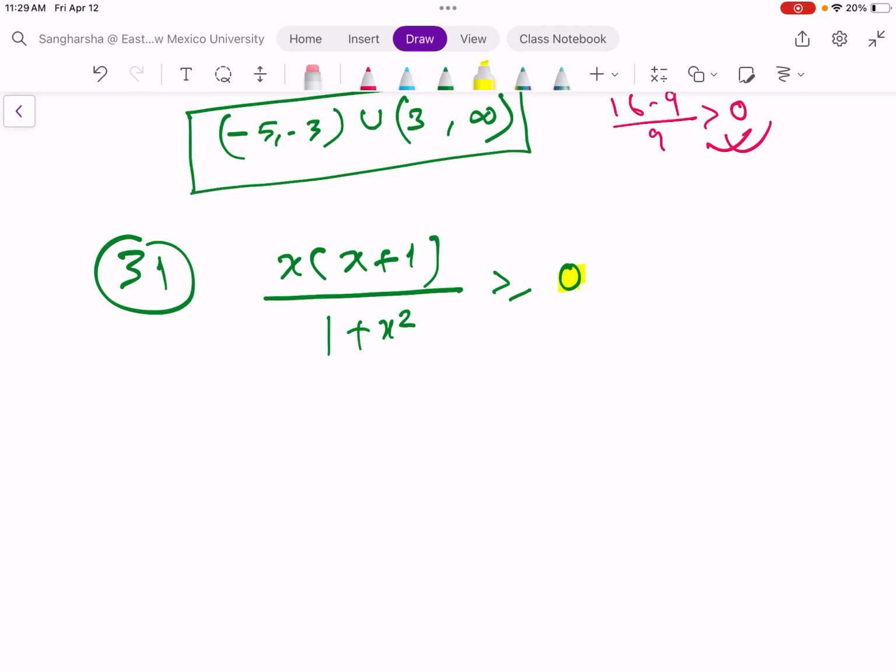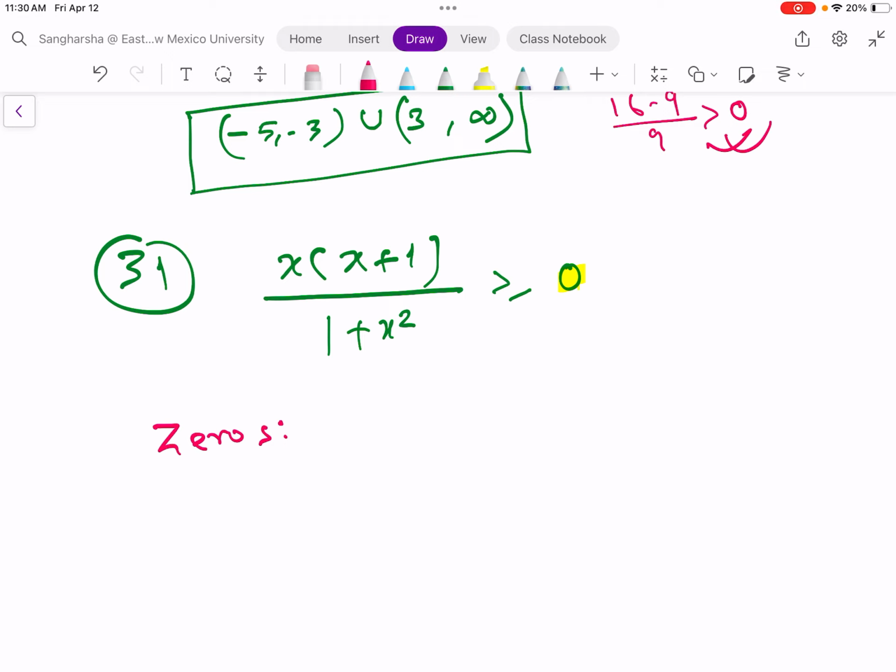Or is there any way we could factorize the denominator? We have 1 plus x squared. We can't factorize 1 plus x squared. So we already have factor form. So let's find the zeros, and the numbers that make the denominator equal to 0.